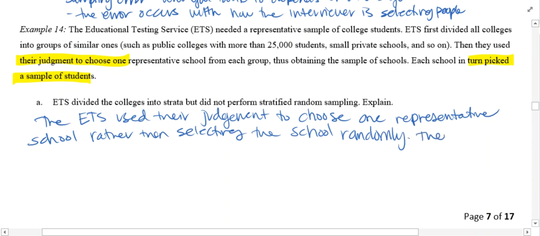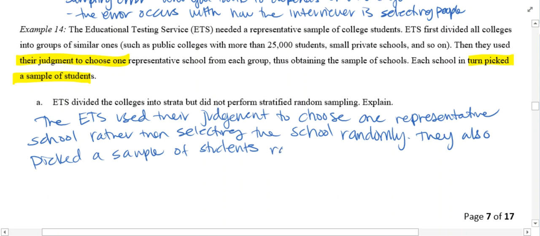Okay, and then after that, they also picked a sample of students rather than randomly selecting the students at each school.